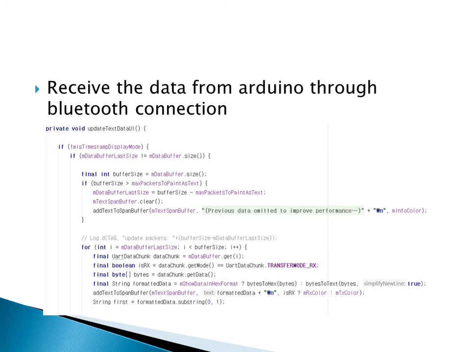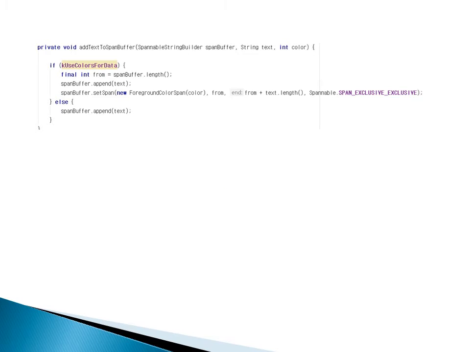As you see down below, it shows how the data is added, and this helper method add text to span buffer is going to accumulate the data given from the Adafruit board so that the game doesn't break much.